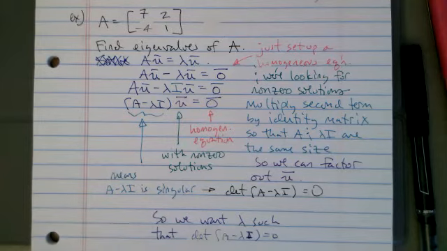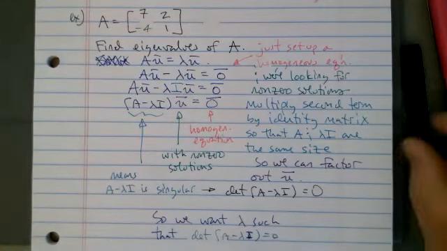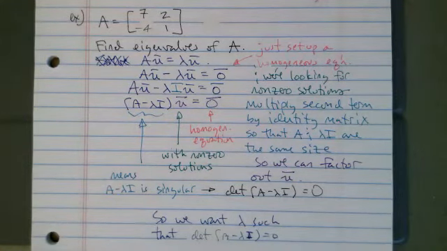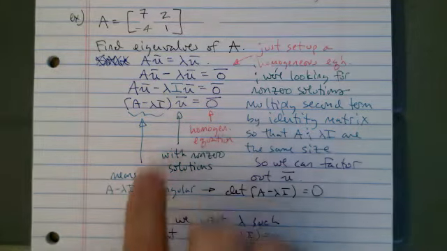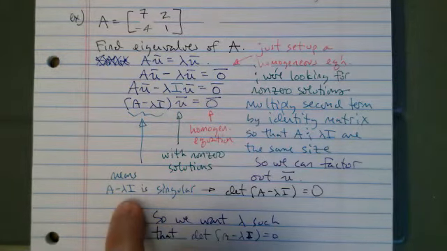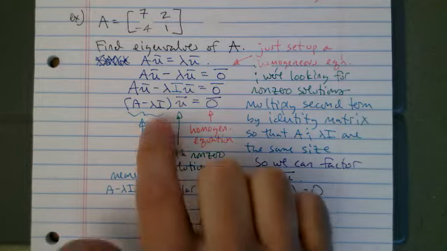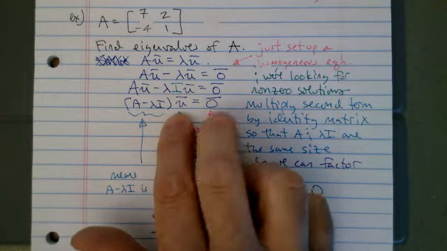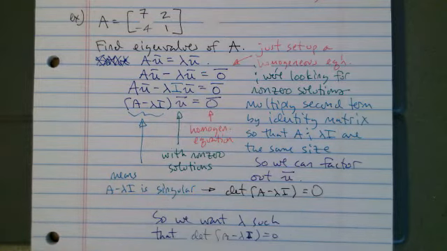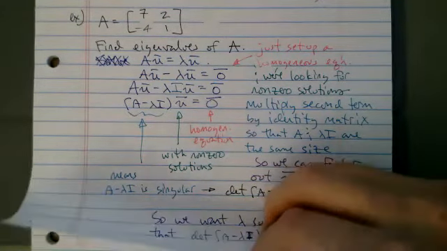And now we've got to the functional part of the explanation. I just wanted to make sure that you knew that I wasn't just pulling this out of thin air. We want the determinant of A minus lambda I to equal 0, because that will make A minus lambda I a singular matrix, which means the homogeneous equation A minus lambda I times u equals 0 can have non-zero solutions. Okay, let's switch pages and see what this looks like.